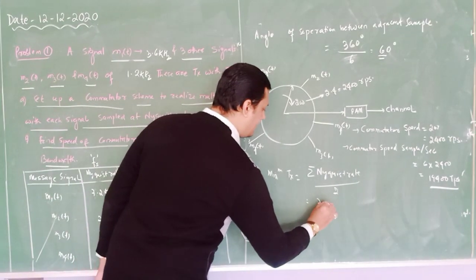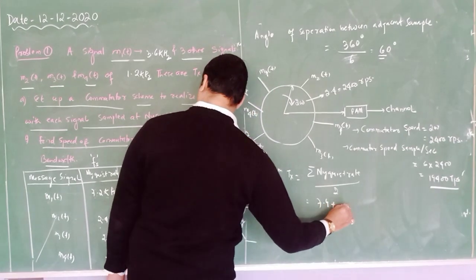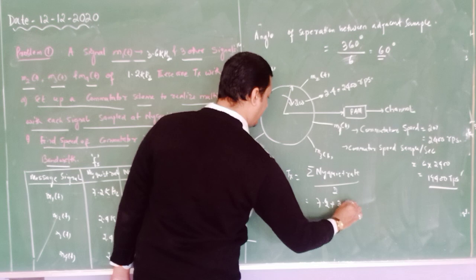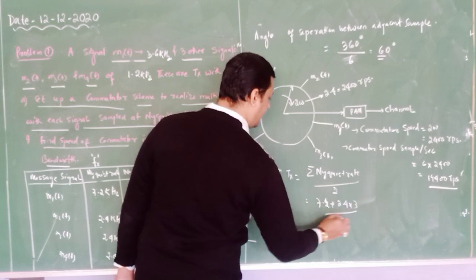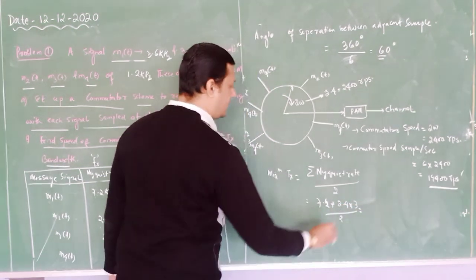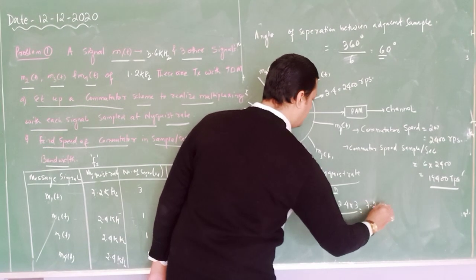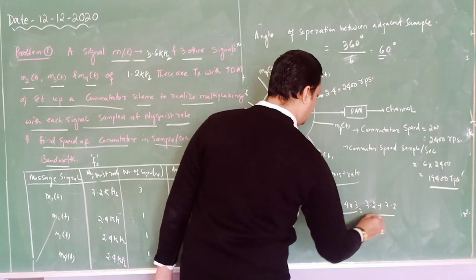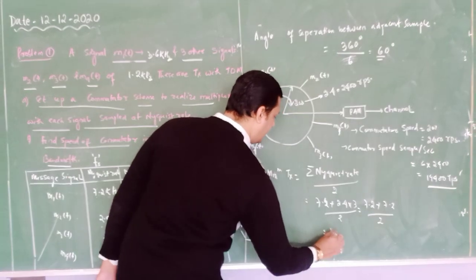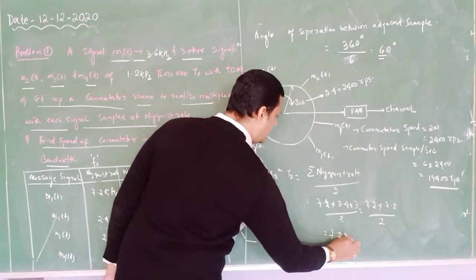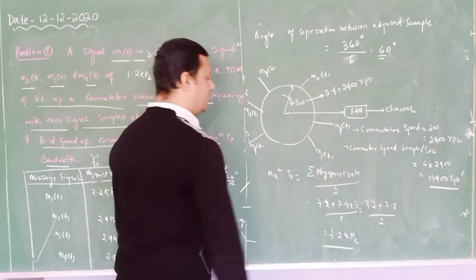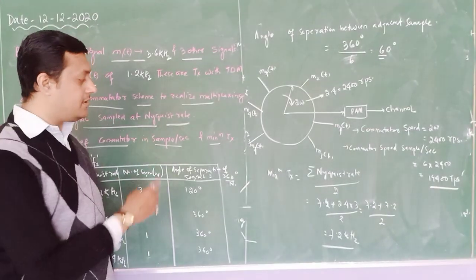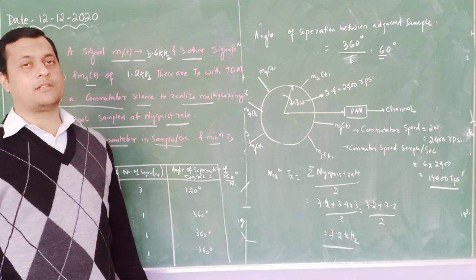So 7.2 plus 2.4 into 3, whole divided by 2. So it is 7.2 plus 7.2, that is 14.4, divided by 2, you will get 7.2 kilohertz. Okay, so this much is the minimum requirement for the transmission, or minimum transmission bandwidth.